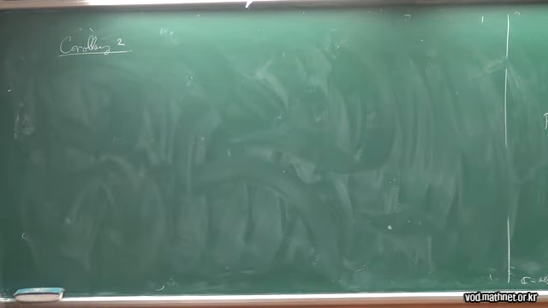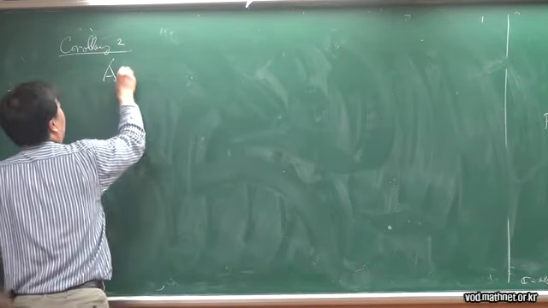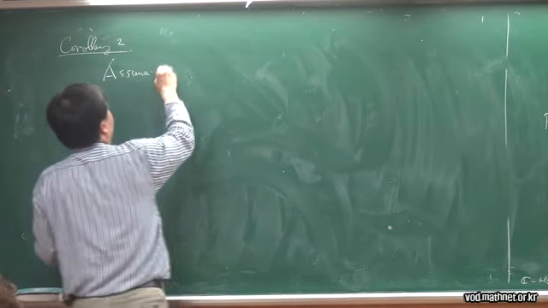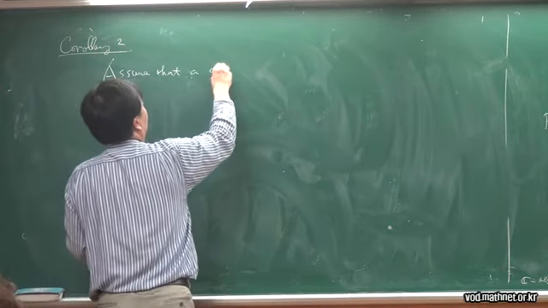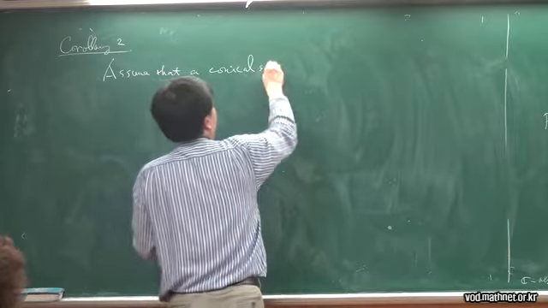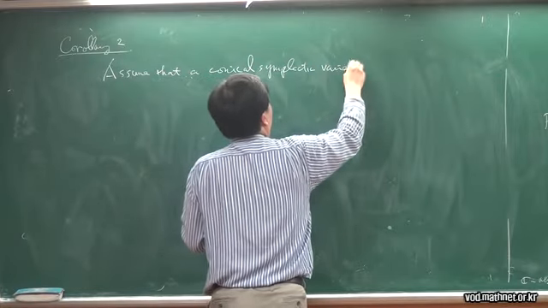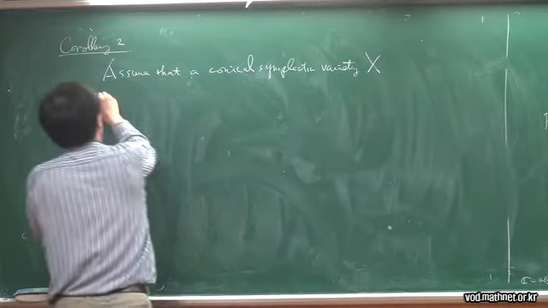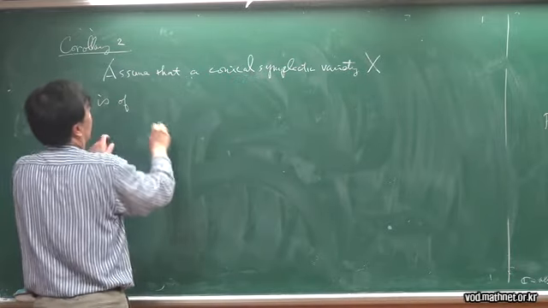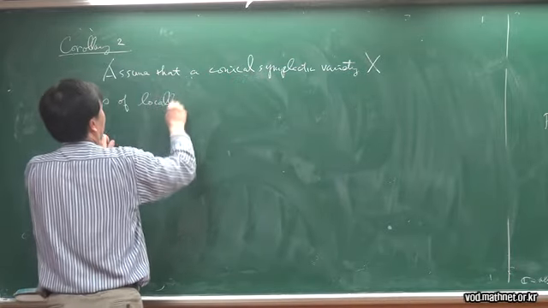This is the following. Assume that a conical symplectic variety X is locally a complete intersection.